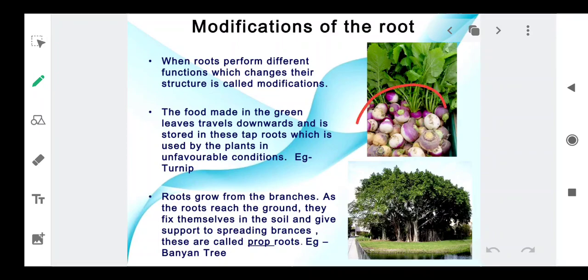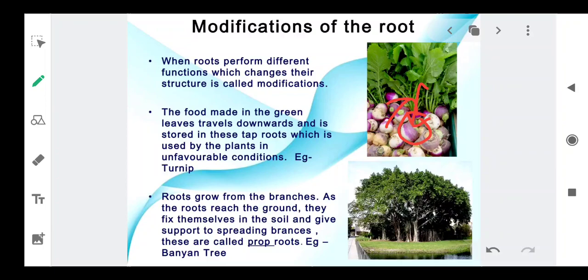As you can see in this picture, turnip, carrot, then some other plant. The green part is making food from sunlight, and then it is transferring it to the ground part for storage. Then in unfavorable conditions, they will take the food and use it. So they are storing the food in the roots, and then we are cutting the root and eating it as food.